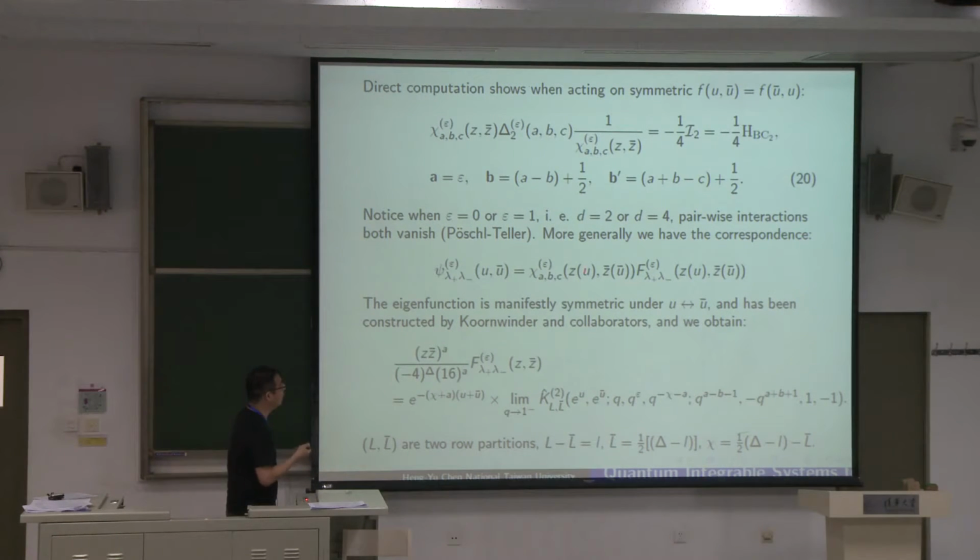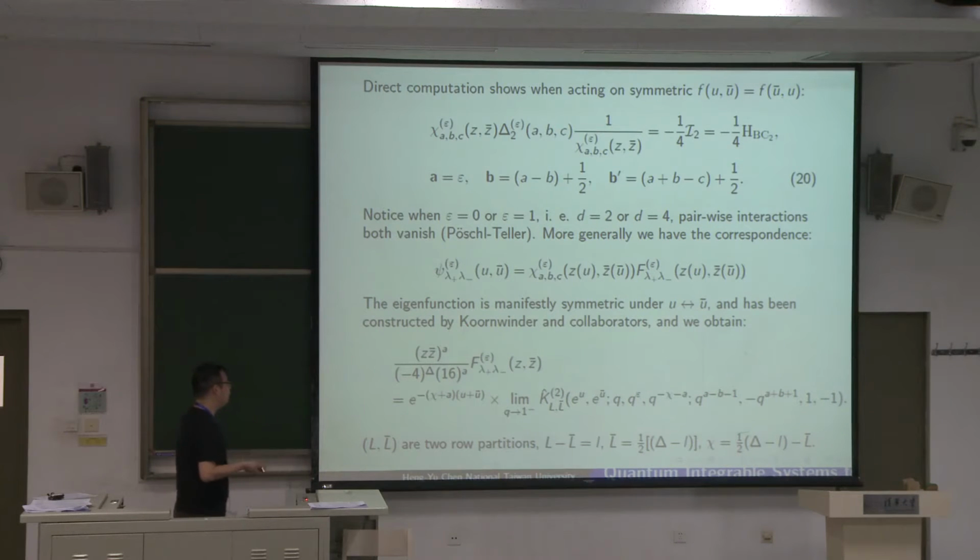But more generally, we have now established the following correspondence: the eigenfunction of this hyperbolic Calogero-Sutherland is mapped to the conformal block. And one good news about this is that the eigenfunction of this class of integrable system has actually been solved and studied in some detail by mathematicians, namely Koornwinder and people like Eric Rains at Caltech and collaborators.